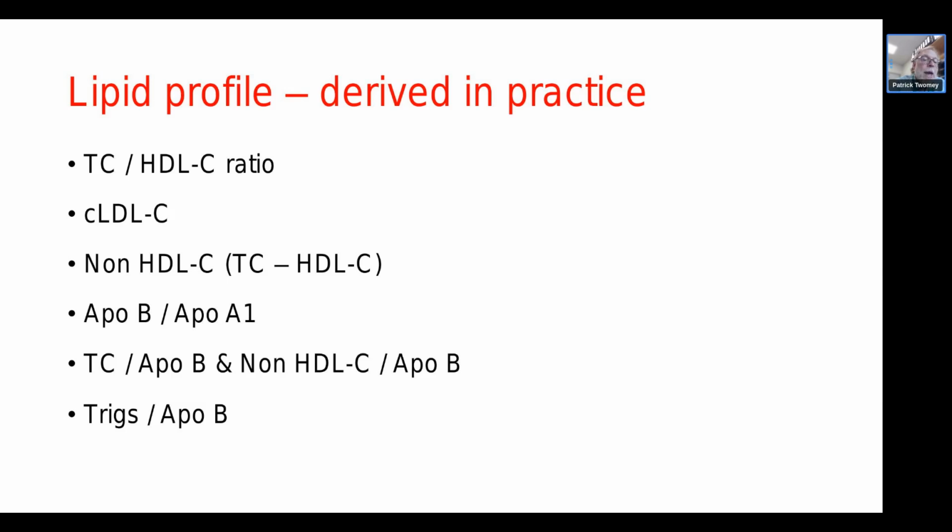And then the ApoB to ApoA1 ratio, again used in some countries. And then the total cholesterol to ApoB ratio, or the more updated since 2019, non-HDL to ApoB ratio, and then triglycerides divided by ApoB. Now, all this depends on what you have available to you, and how specialized and comfortable you are at interpreting these results.